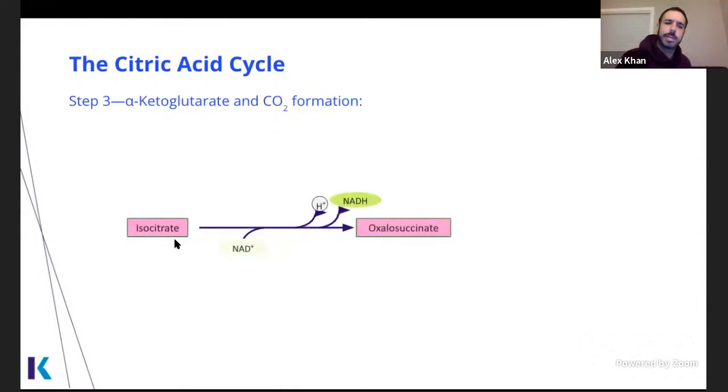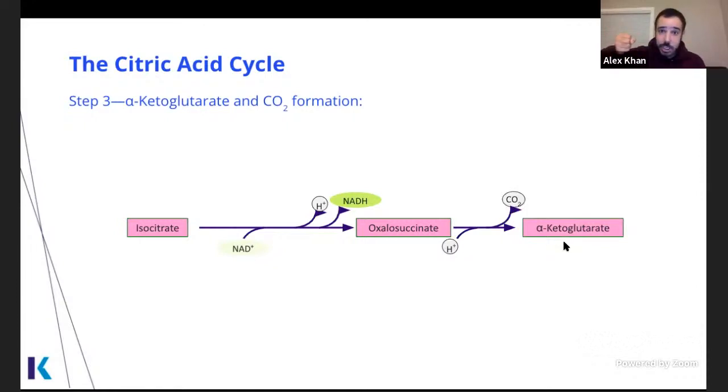We're going to be turning our isocitrate molecule and oxidizing it into alpha-ketoglutarate. We're going to be extracting the energy by breaking those carbon bonds, creating carbon dioxide, and storing some energy in NADH.